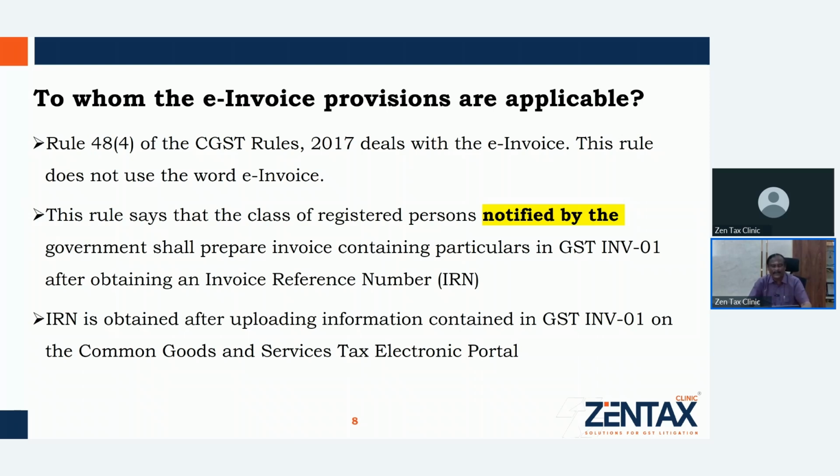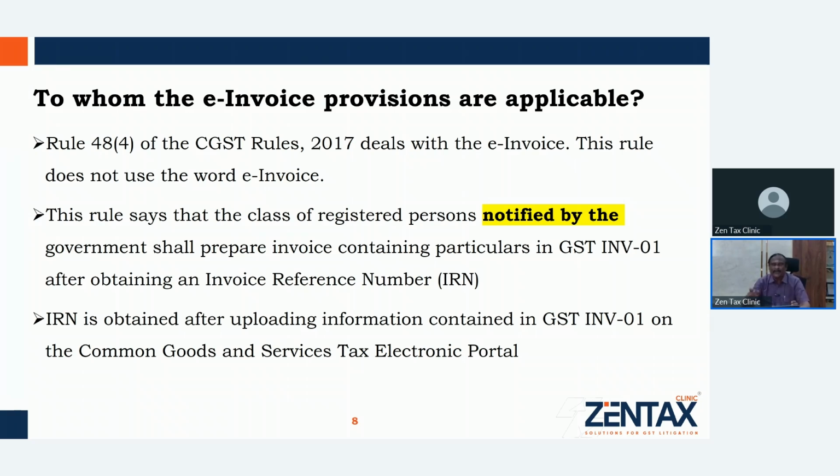This rule says the class of registered persons shall prepare an invoice containing particulars in GST INV-01, then after obtaining an invoice reference number. So what is this INV-01? INV-01 is the model format of invoice.